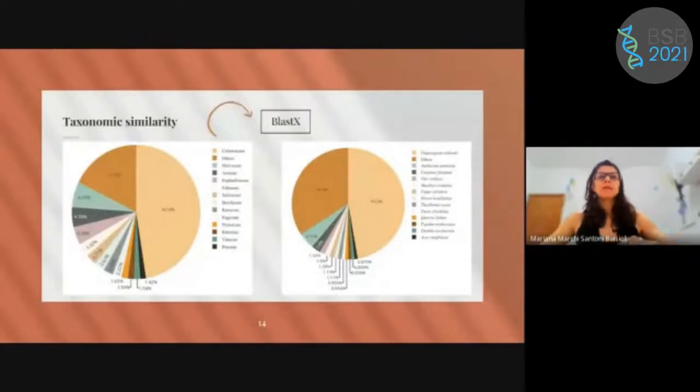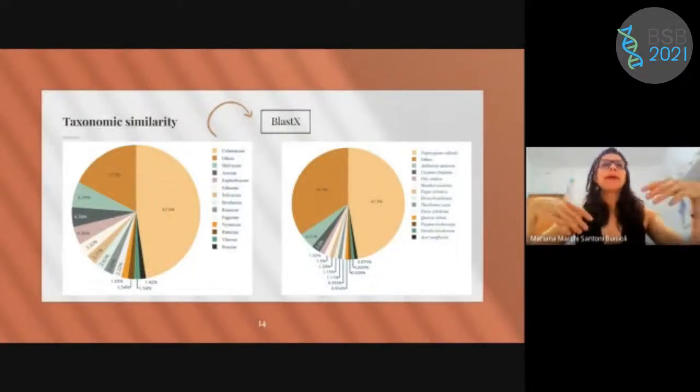Another aspect that we can talk about is comparing the transcriptome with other transcriptomes that are in the literature. So we compared the transcriptome sequences to other organisms using BLASTX.